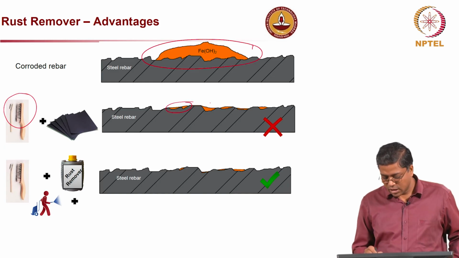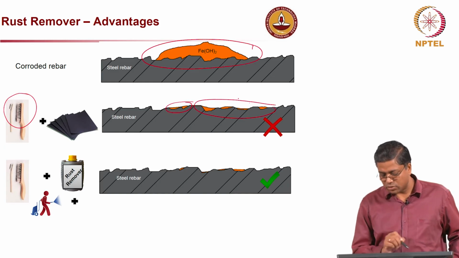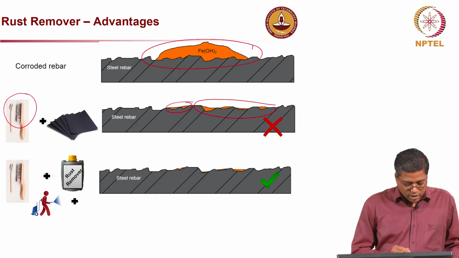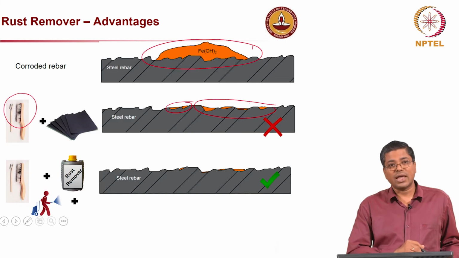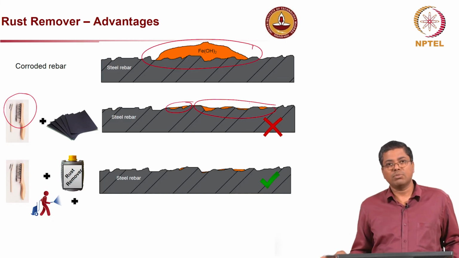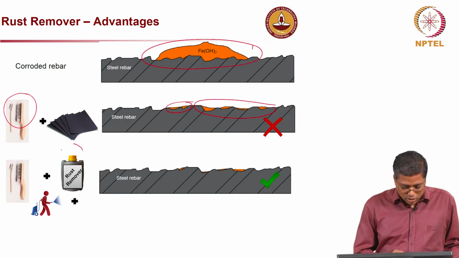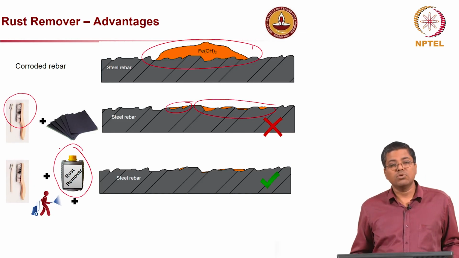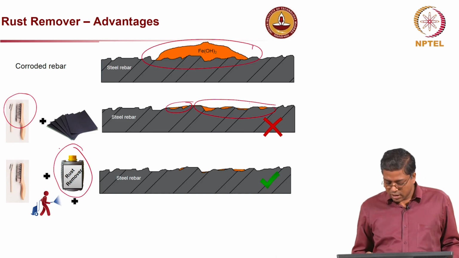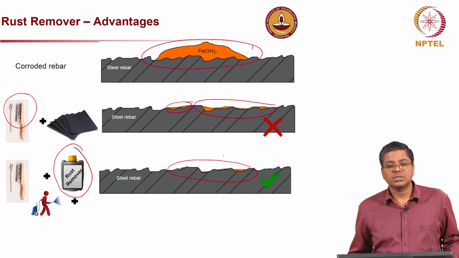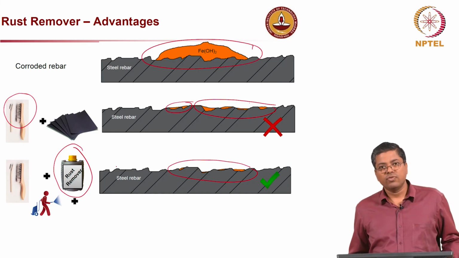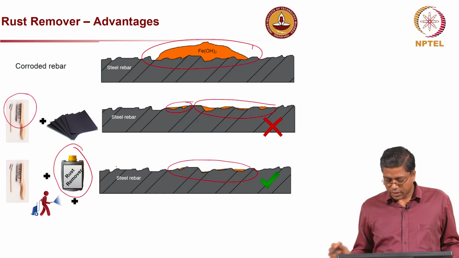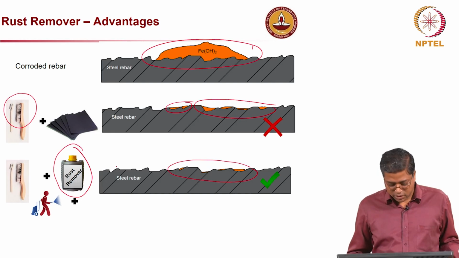As you see here, this rust is very difficult to remove. My proposal would be to first use the mechanical tools to clean the maximum rust possible, then also apply a chemical rust remover, which can basically be acids that remove the rust, and then you have a very well cleaned surface for the application of the repair material.